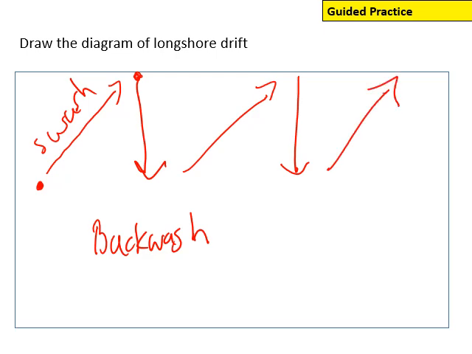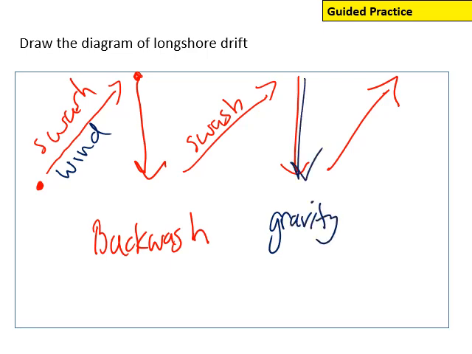So you should be drawing something like what I have. I'm going to add on to that the reasons why. So it moves at an angle because of the wind, and the backwash moves due to gravity down there. Okay, so that is longshore drift. Okay, so your diagram should look something like that.